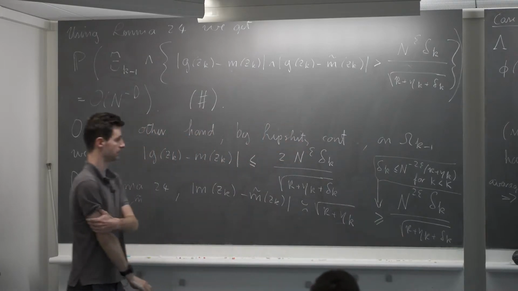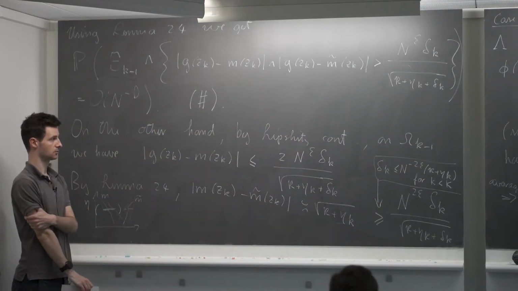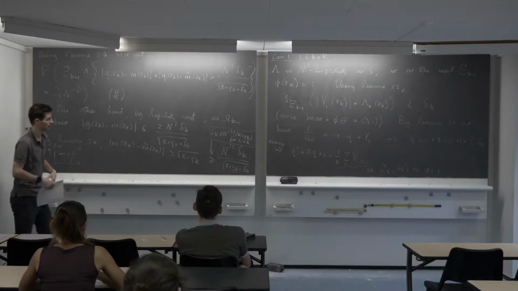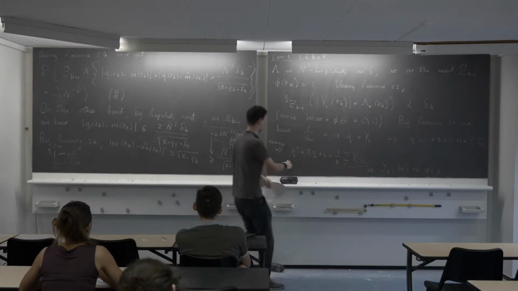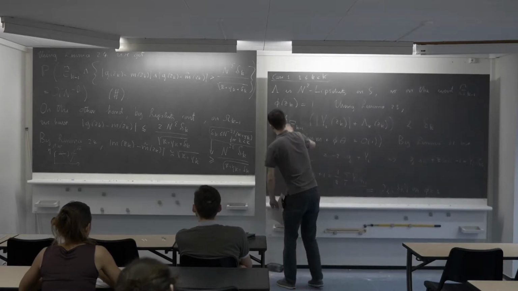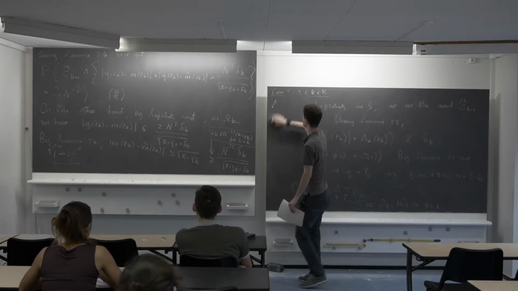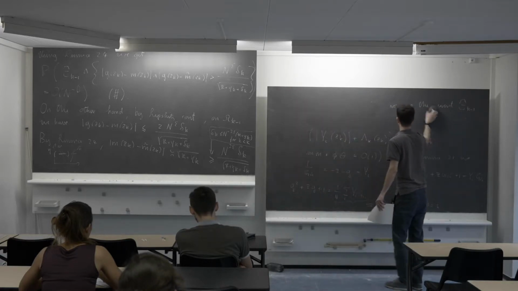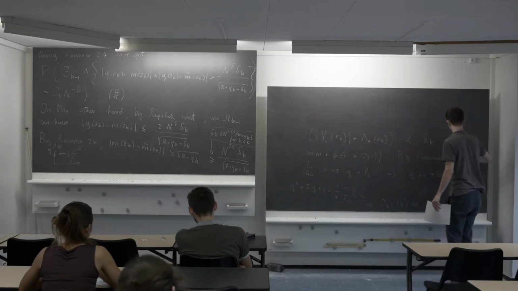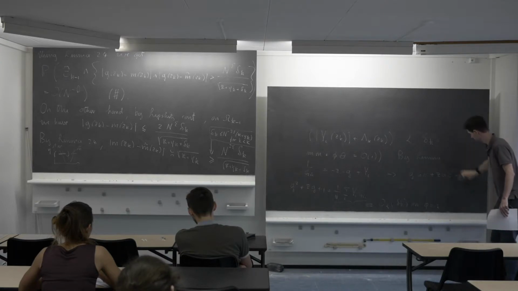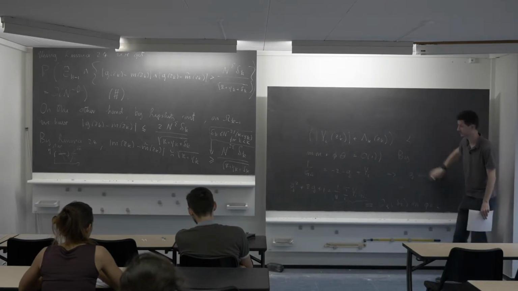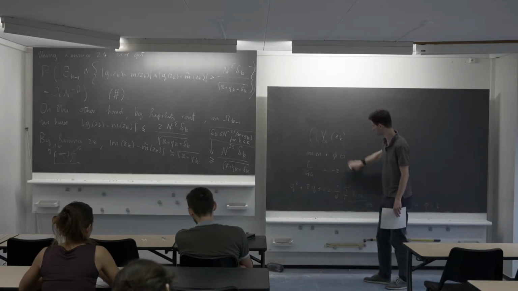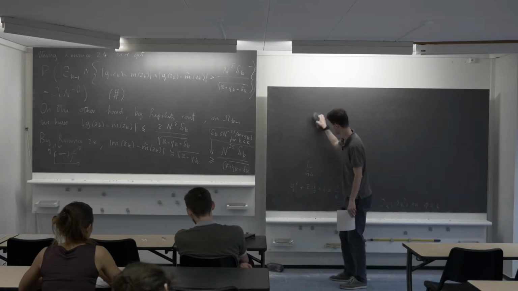I use the fact that delta k is less than or equal to n to the minus 2 epsilon times kappa plus eta k. And that's precisely from the definition of case 1. Last time we discussed a monotonicity argument that shows that this inequality in the definition of case 1 is true not just at the threshold, but for all k strictly less than the threshold. And the converse inequality is correct for all k bigger or equal to the threshold.